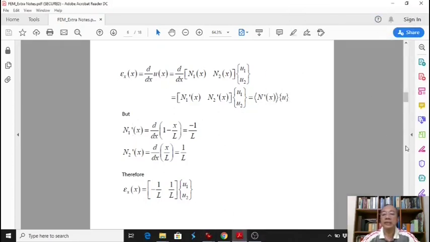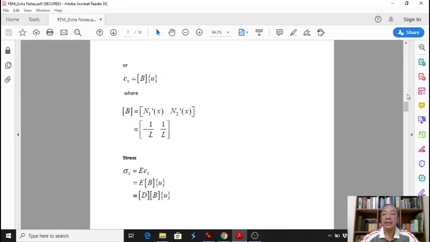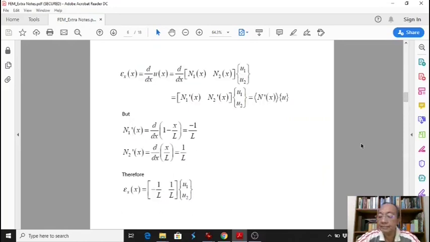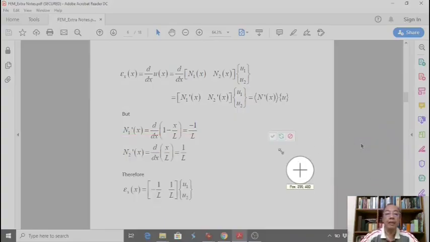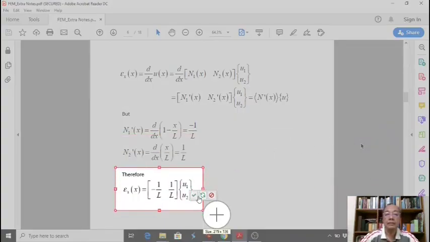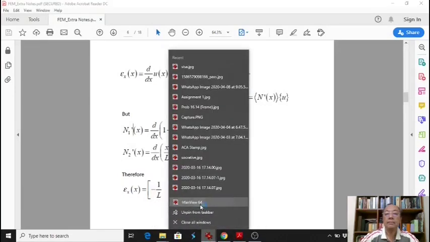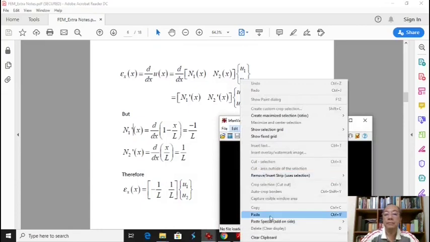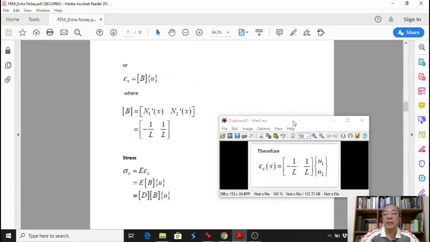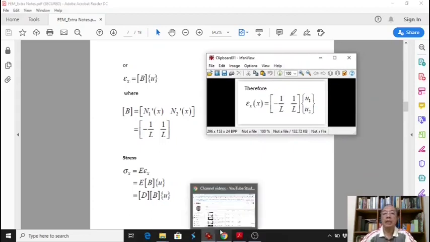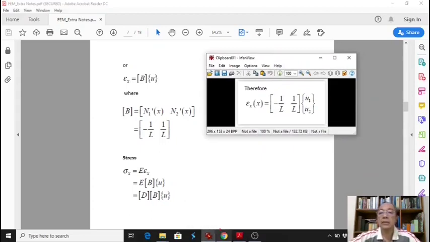So we go to the next slide. The strain is this. This term we call the B matrix, which is famous in the finite element method.